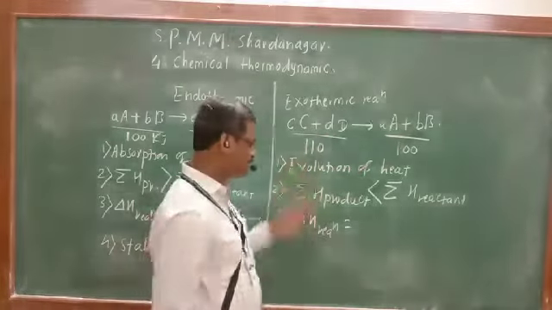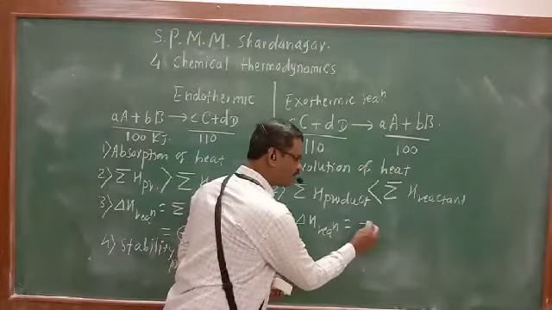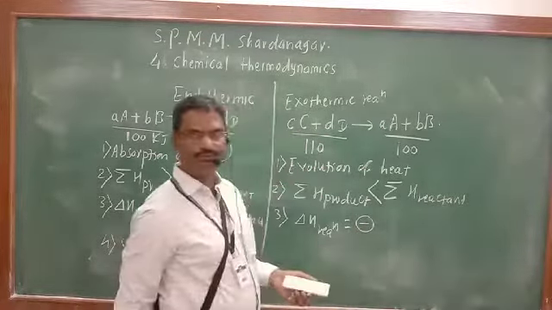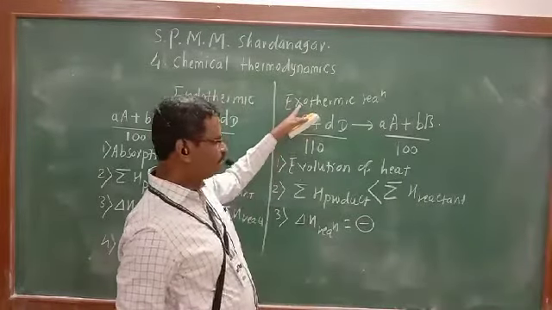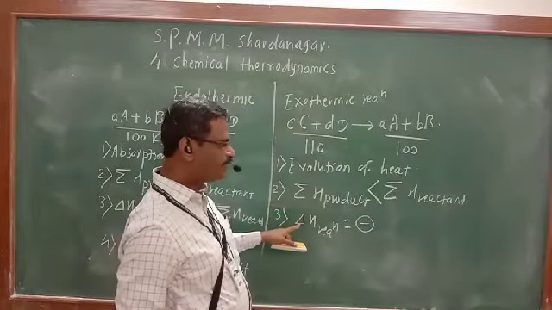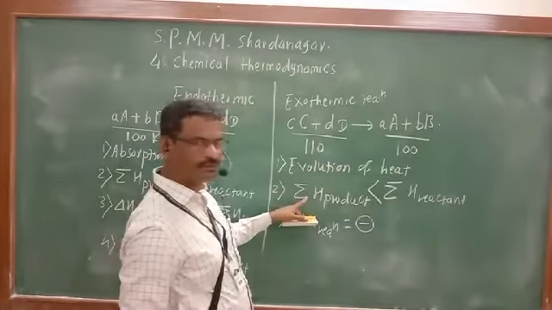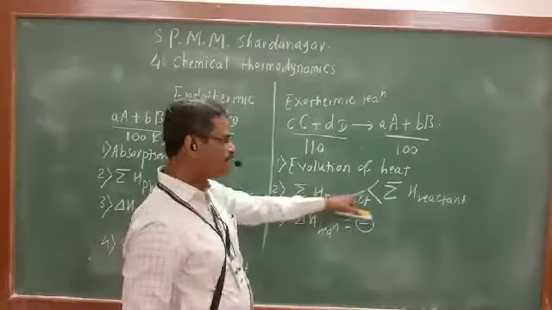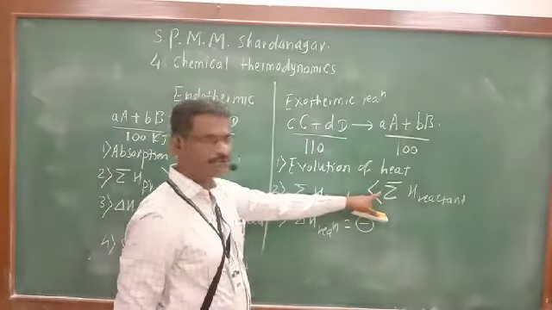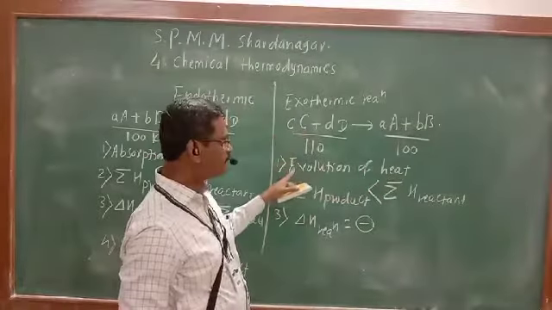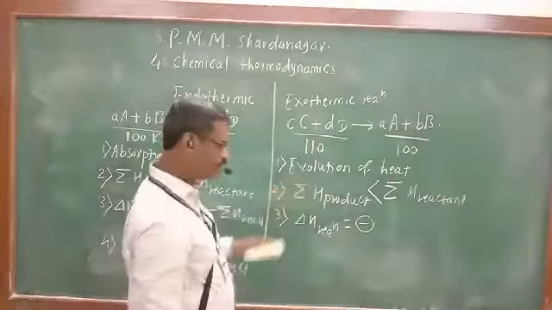So 100 minus 110 is minus 10, negative. For an exothermic reaction, delta H is negative because enthalpy of product is less as compared with the enthalpy of reactant, and these are the reactions taking place with evolution of heat.